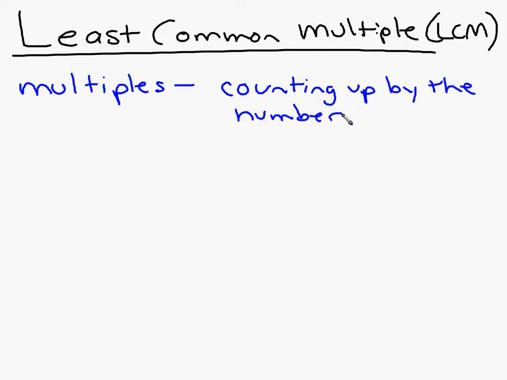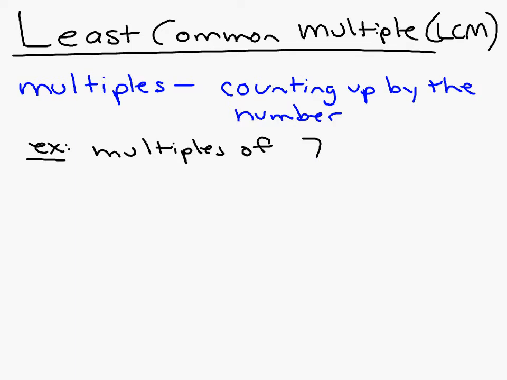But obviously, sometimes it's easier to just multiply by the number than it is to count by the number. For example, if I wanted to list the multiples of, let's say, 7, okay?